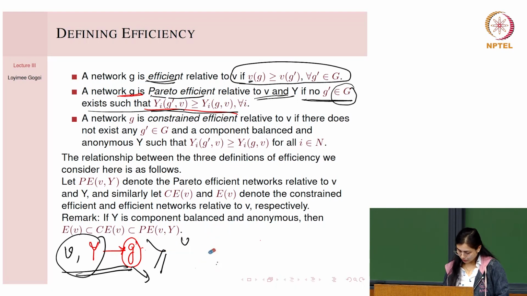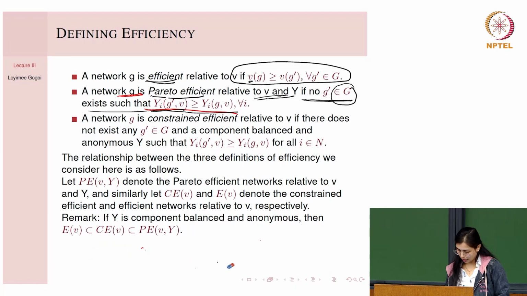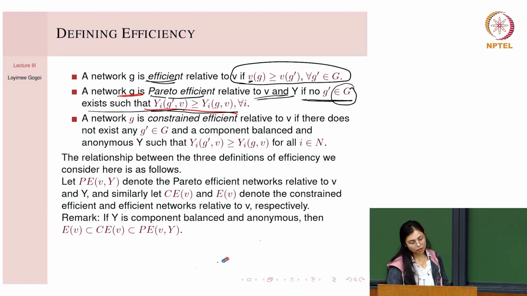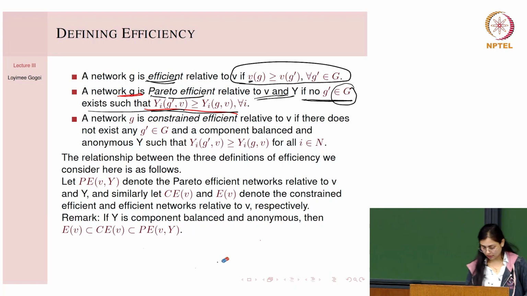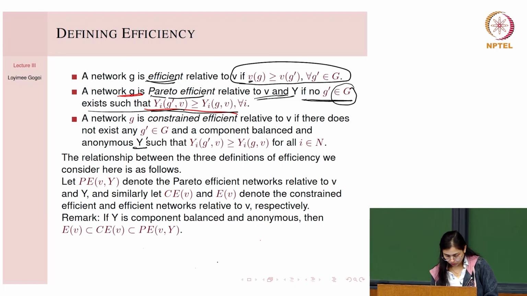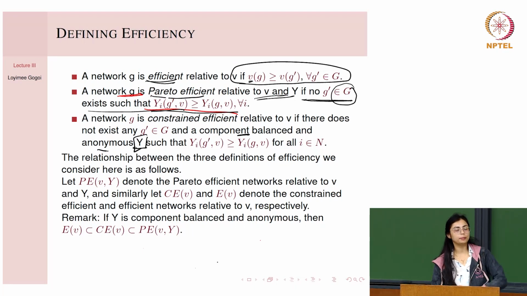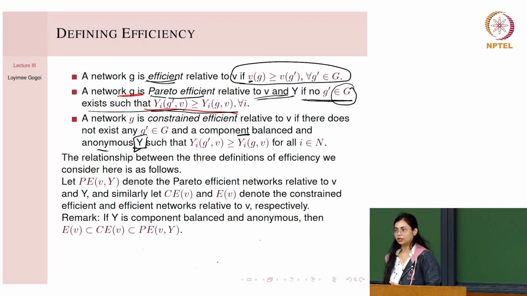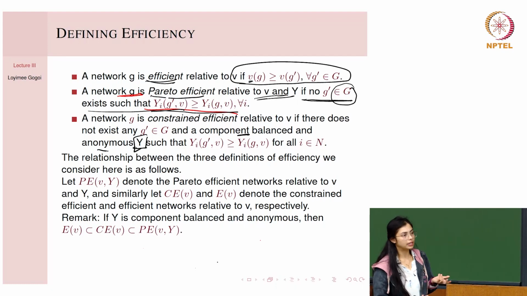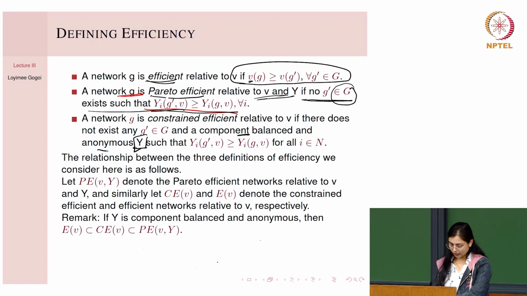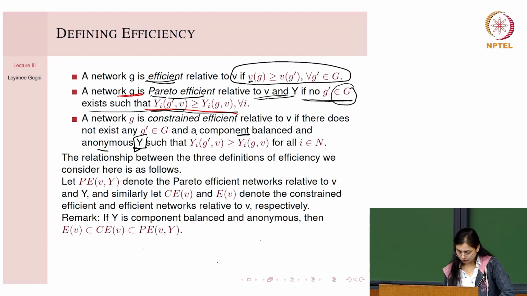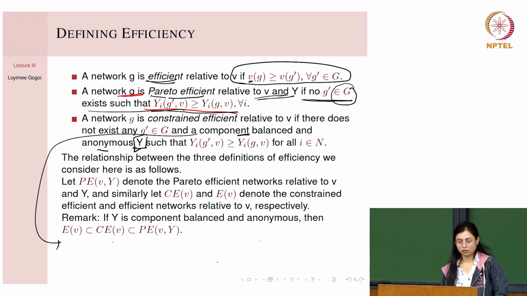Next, we have constraint efficiency. Constraint efficiency is the same as Pareto efficiency, but Y should be component balanced and anonymous. Do you remember what component balance is? We define it on the class of component additivity. Suppose Z has two components.